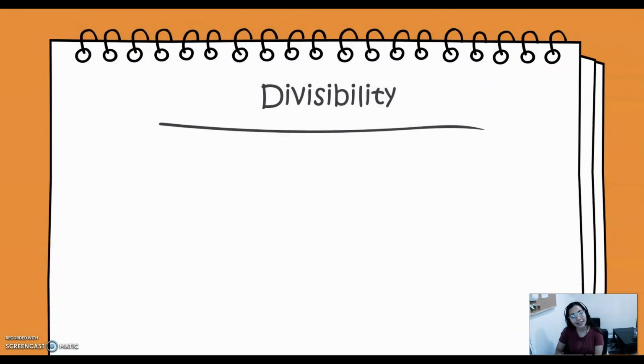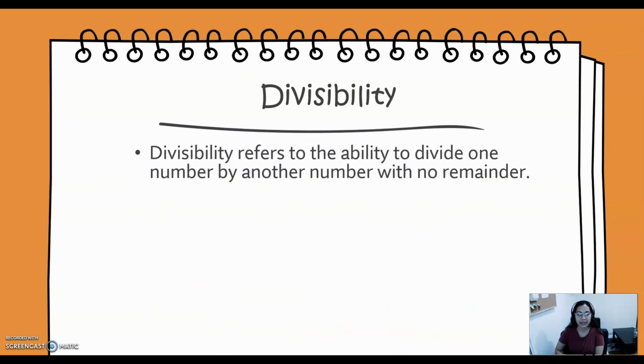Now, let's start. Let us first define what divisibility is. Divisibility refers to the ability to divide one number by another number with no remainder. Meaning, after dividing a number, the quotient or the final answer should be exact.